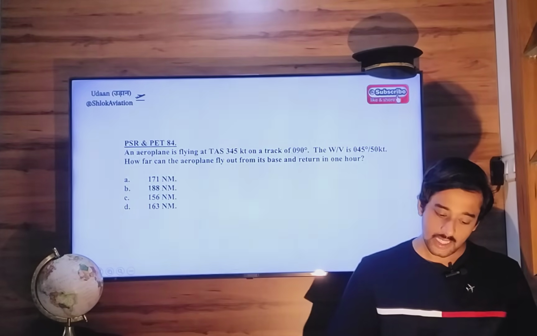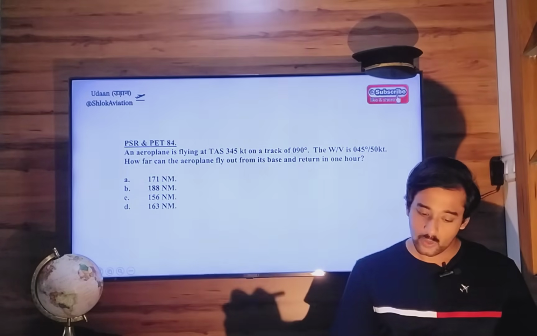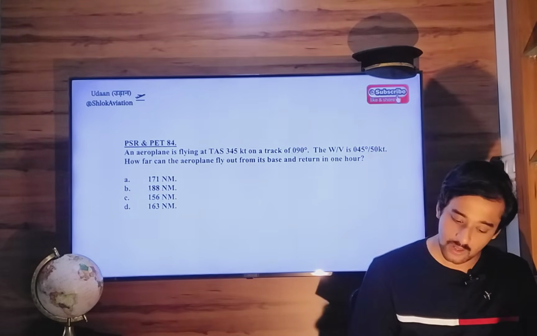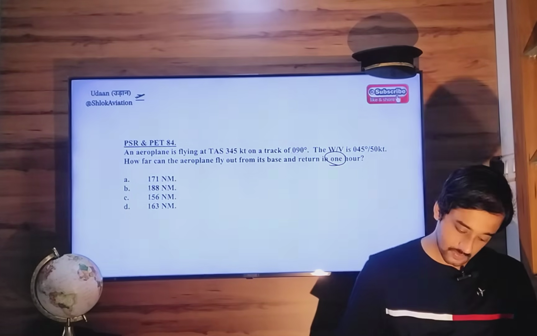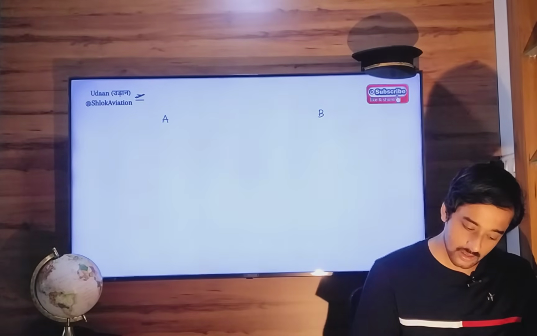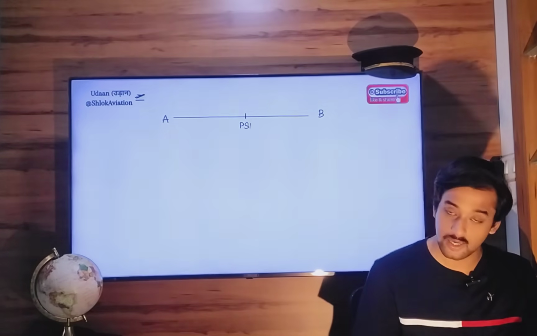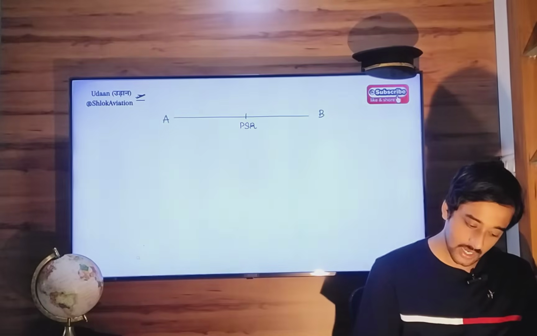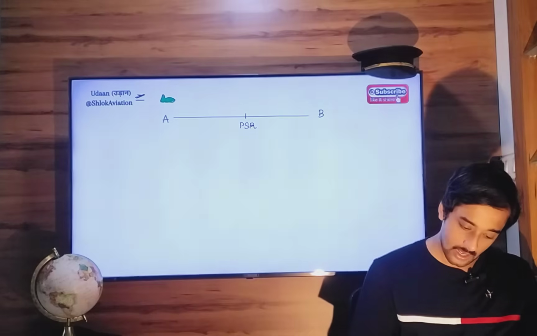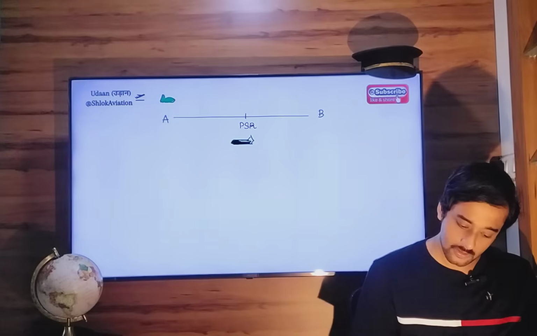84. Airplane is flying at a TAS of 345 on a track of 090, wind 045 degree at 50 knots. How far can the airplane fly out from its base and return in 1 hour? So again, this is point A, this is point B, this is your point of safe return. Here is your aircraft at A flying outbound, and here is another aircraft at point of safe return flying homebound.